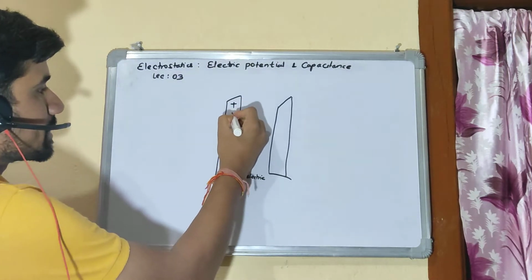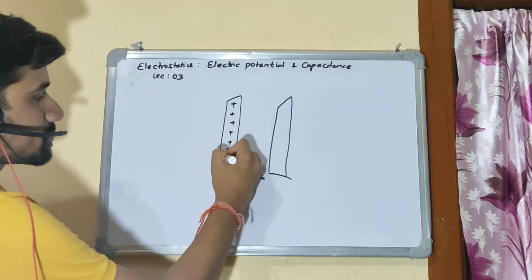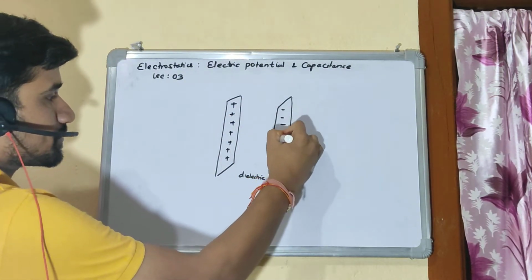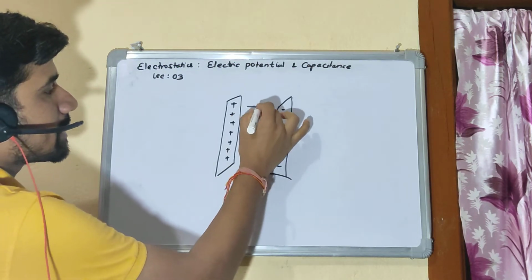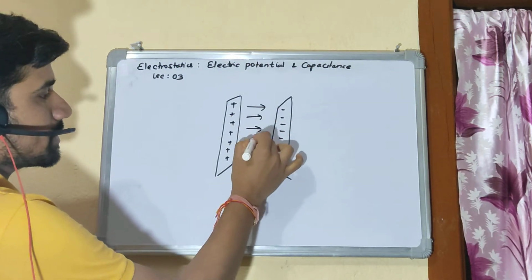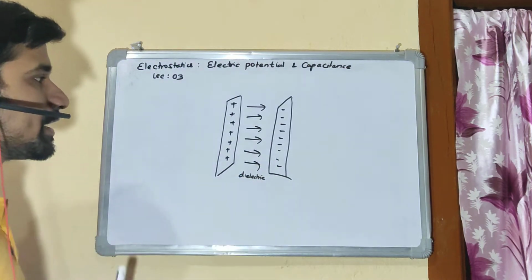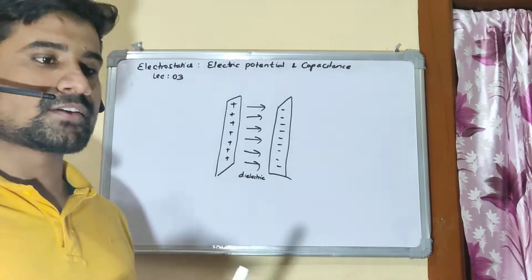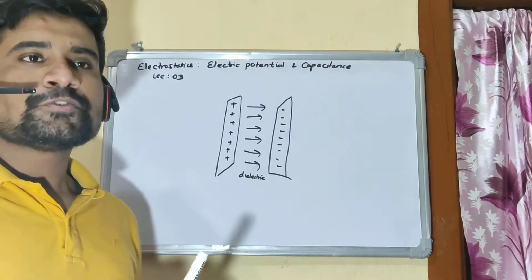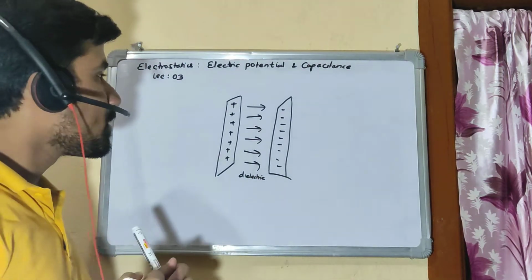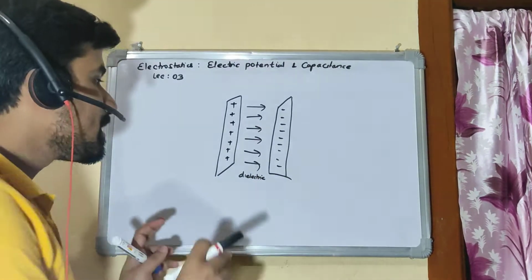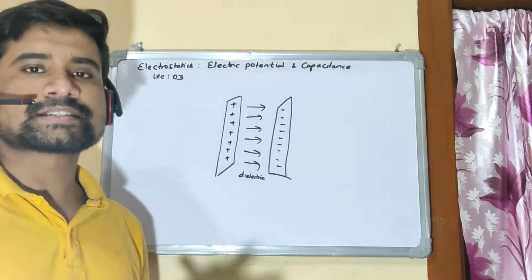So let's say this has plus charges, this has minus charges, and hence there is an electric field in between. I have indicated the electric field as uniform, and if you see practically, these are not uniform electric fields. There will be some kind of fringing effects.